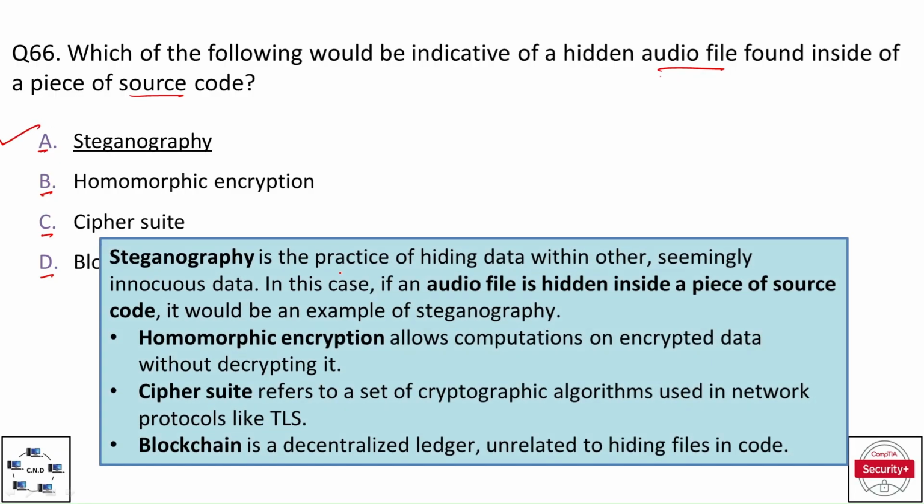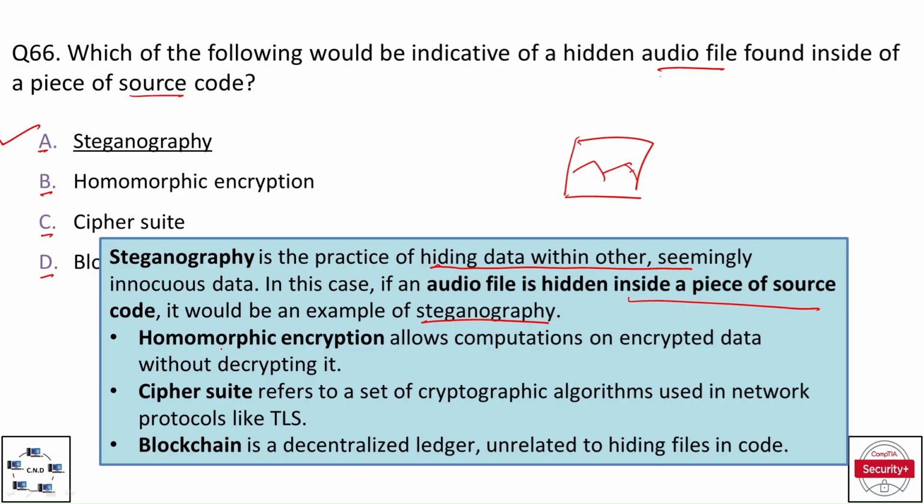Steganography is the practice of hiding data within other seemingly innocuous data. In this case, if an audio file is hidden inside a piece of source code, it would be an example of steganography. Similarly, hiding data inside an image is also an example of steganography.